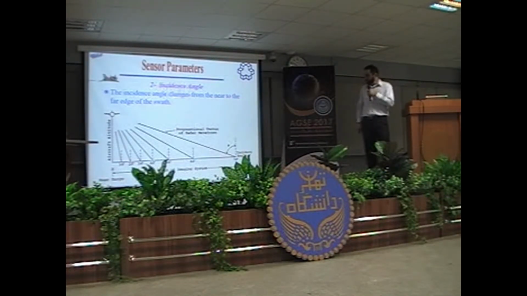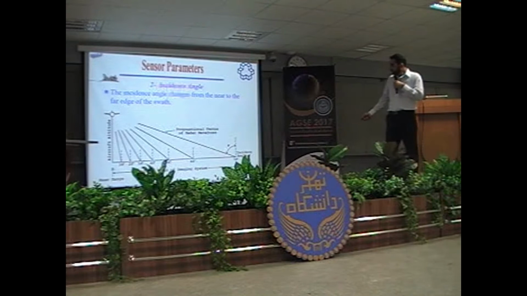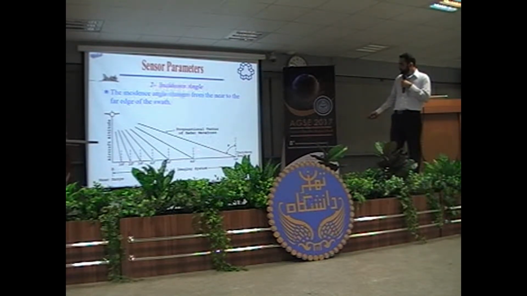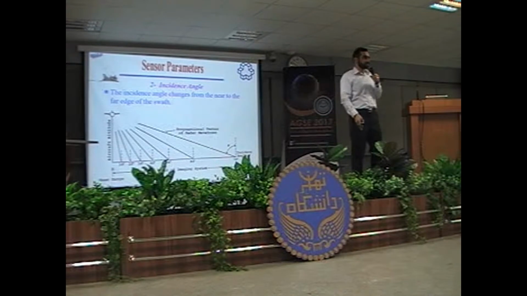We also have the incidence angle effect. As I told you, the images can be taken from a low incidence angle up to a large incidence angle. And this is mainly about airborne radar remote sensing. In airborne radar remote sensing, there is a large variation in the incidence angle.